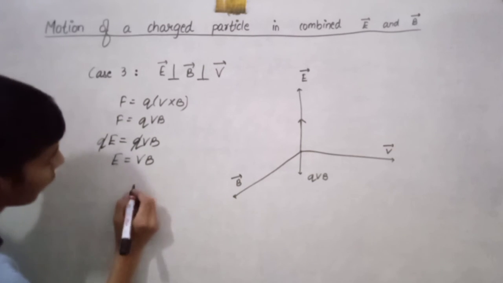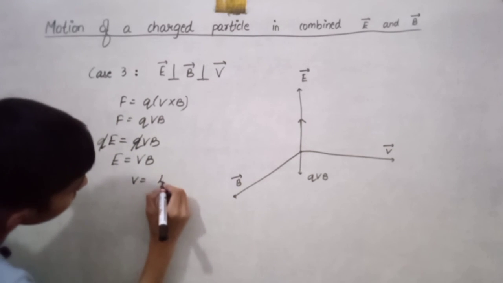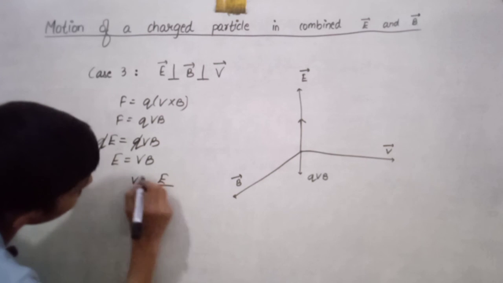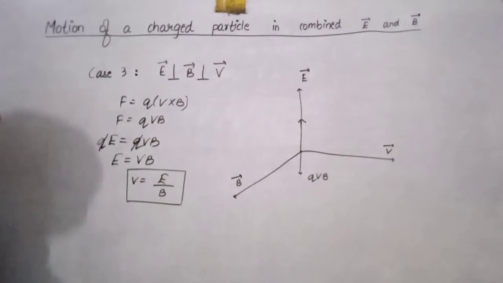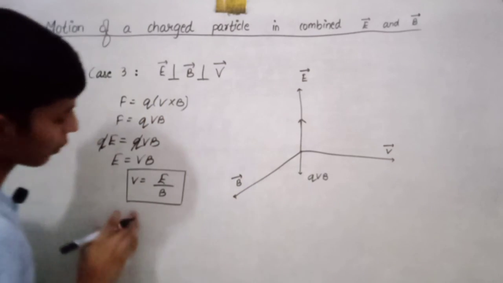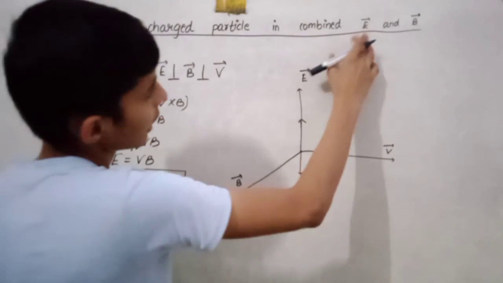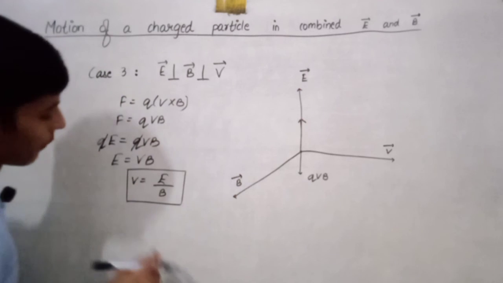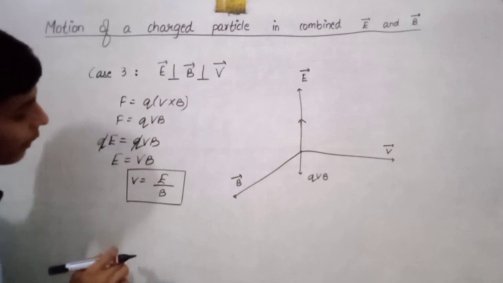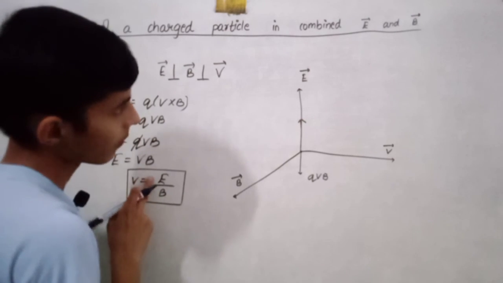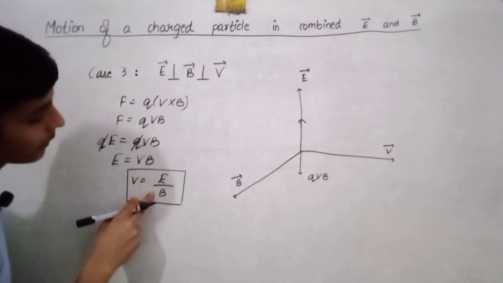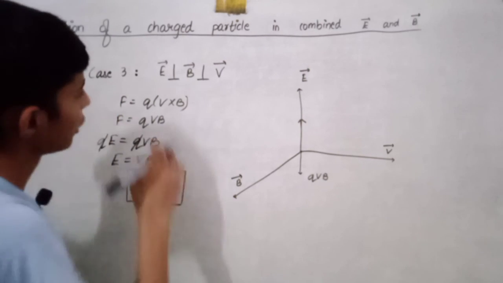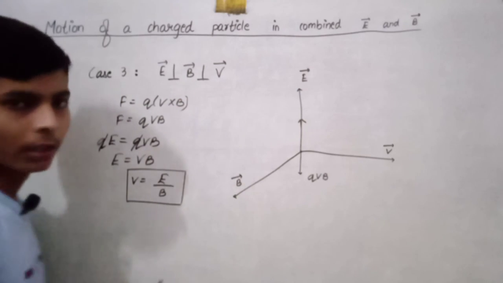Now our velocity is E by B. So whenever we are asked to find the velocity and we are given the electric field and magnetic field magnitudes, we simply divide electric field magnitude by the magnetic field, then we get the velocity. So this is our case 3. Thank you.